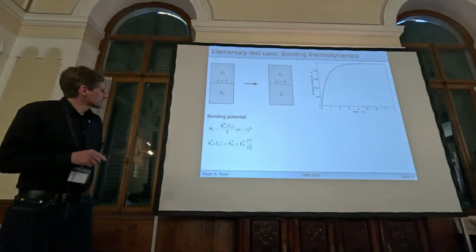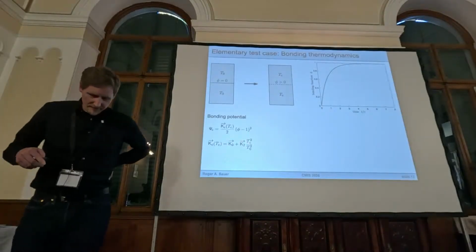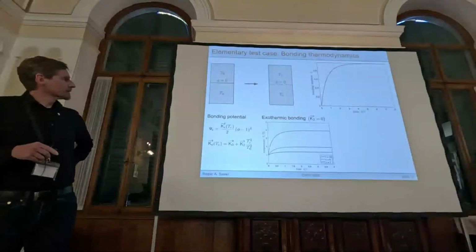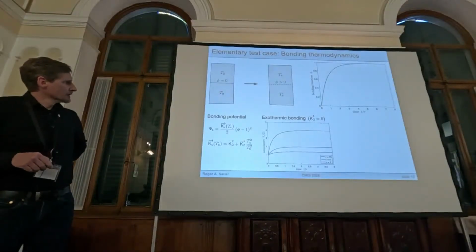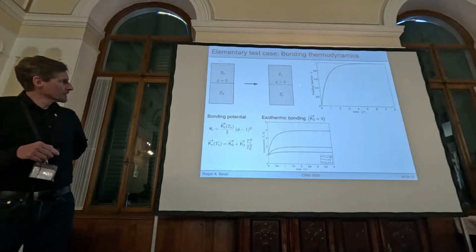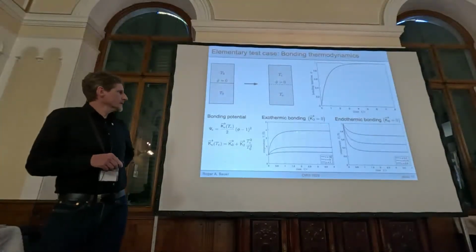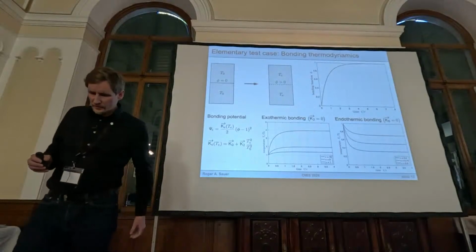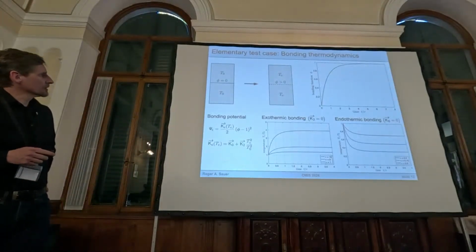And if one considers a bonding potential like we had before, where this forward energy, this bond energy, has these two pieces, one is quadratically temperature dependent, one can calculate analytically that depending on these two pieces, one will either have a temperature increase during bonding or a temperature decrease.